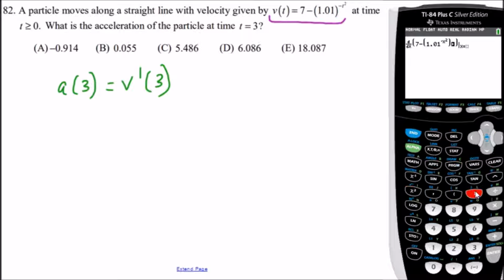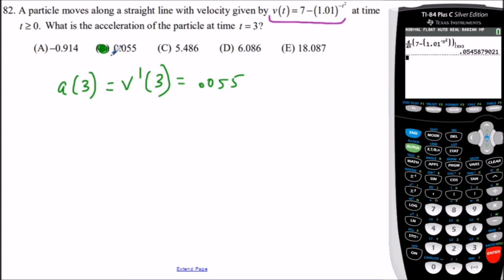Okay, and then we are evaluating this derivative at t equals 3, so we're just going to write a 3 in this location. So when we write this to the nearest thousandths place, we're going to get 0.055, which is going to match choice B for question 82.